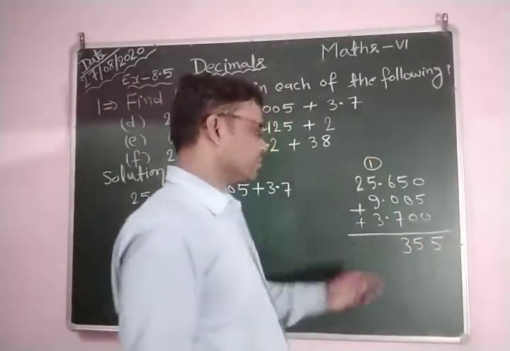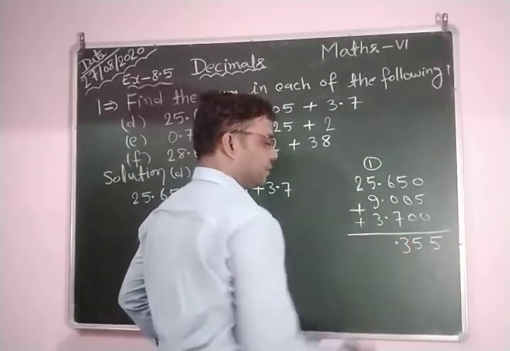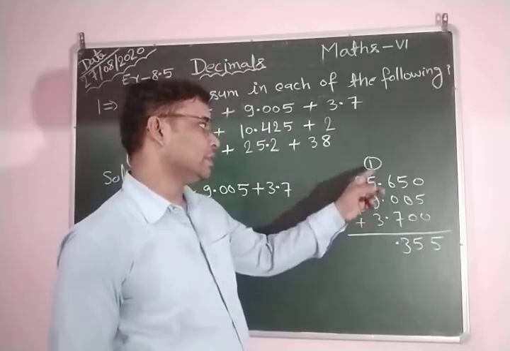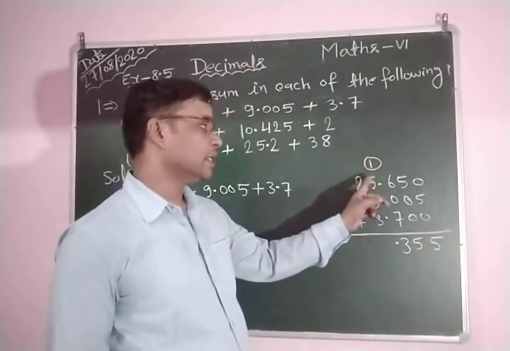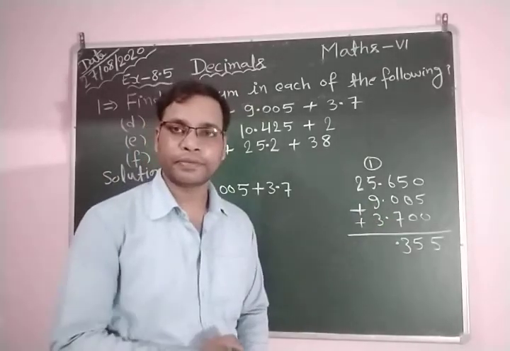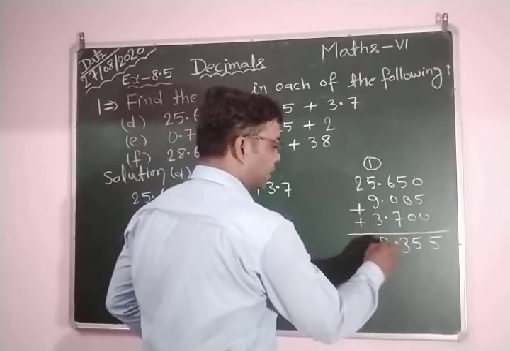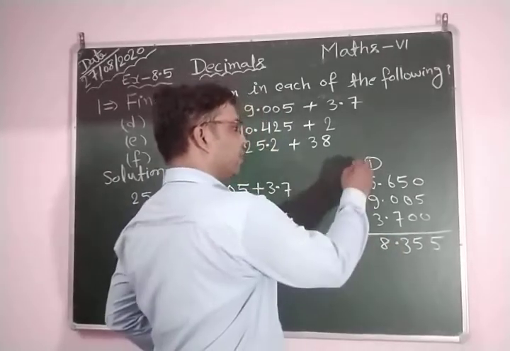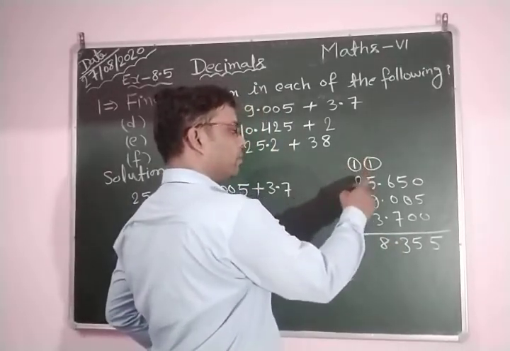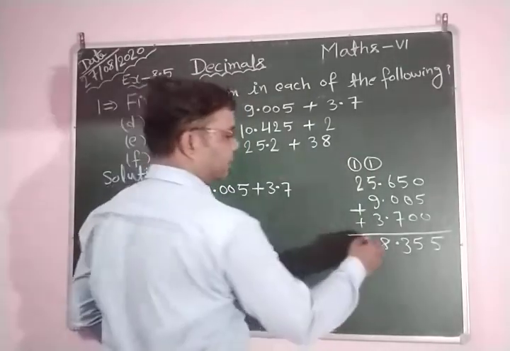Now we write the decimal point here, and then 1 plus 5 is 6, 6 plus 9 is 15, 15 plus 3 is 18. I will write 8 and carry 1. Again 1 plus 2 is 3.